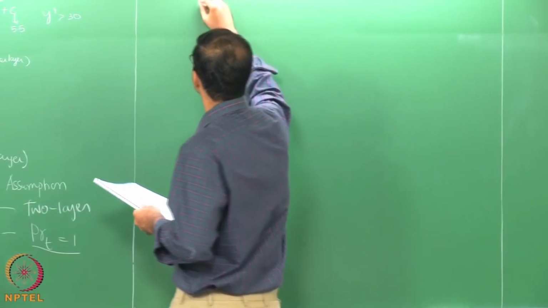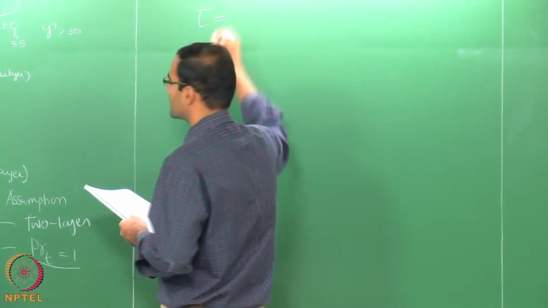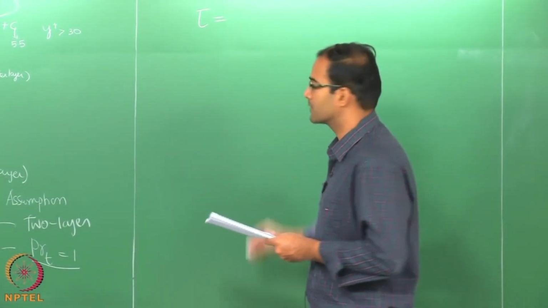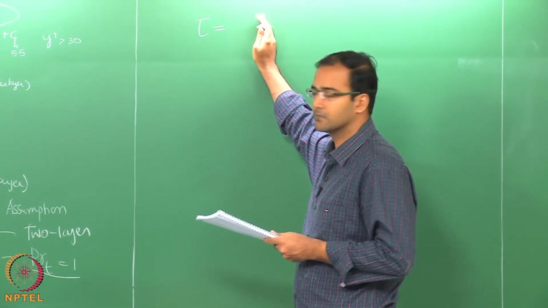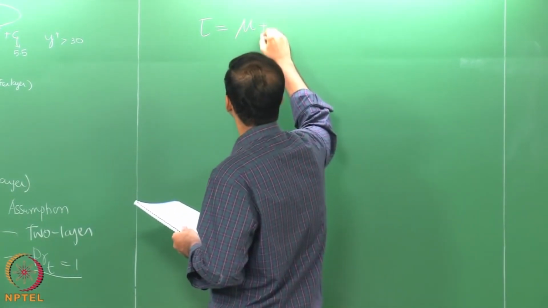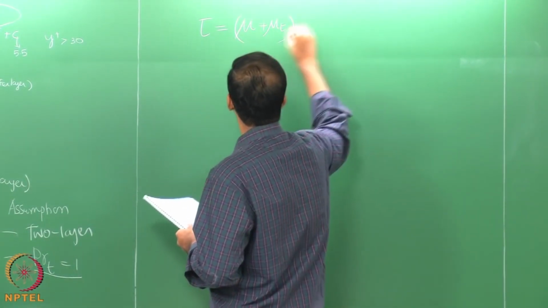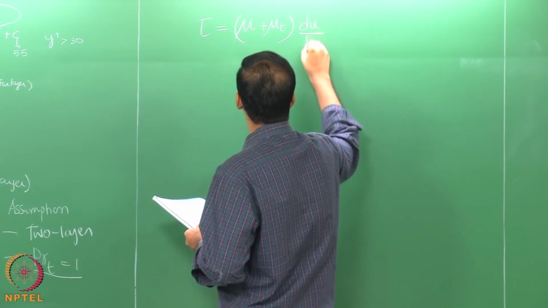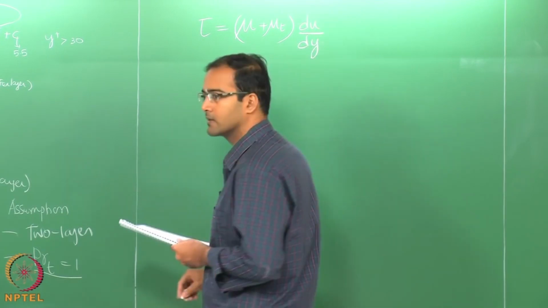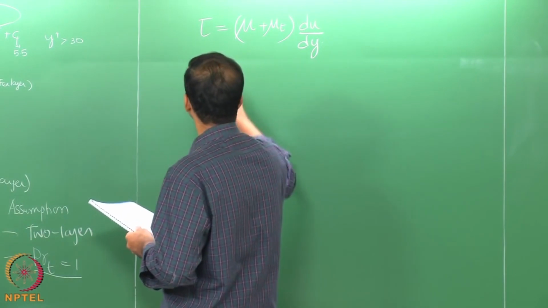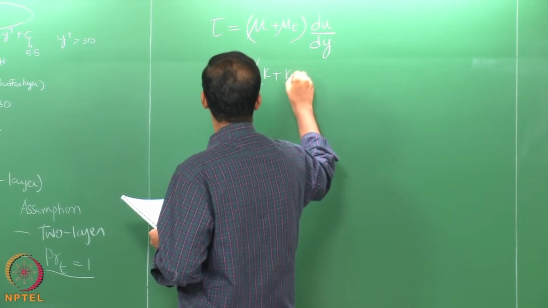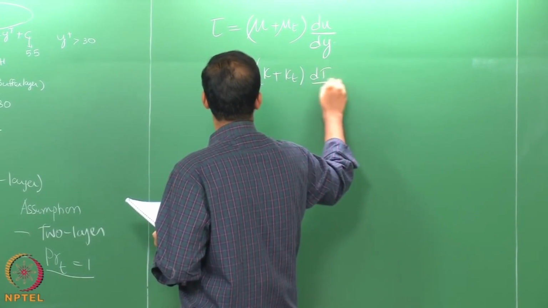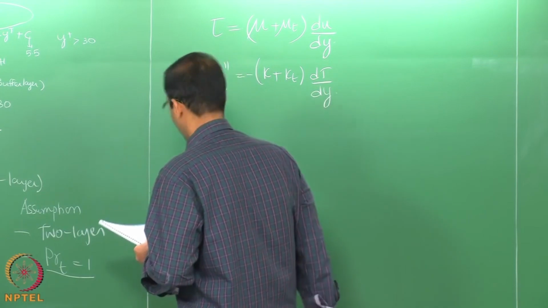So, the starting point of this is that we now have the shear stress which has both the molecular and the turbulent diffusivities. We can write this as mu plus mu t into du by dy, and similarly the heat flux also consists of minus k plus kt dT by dy.